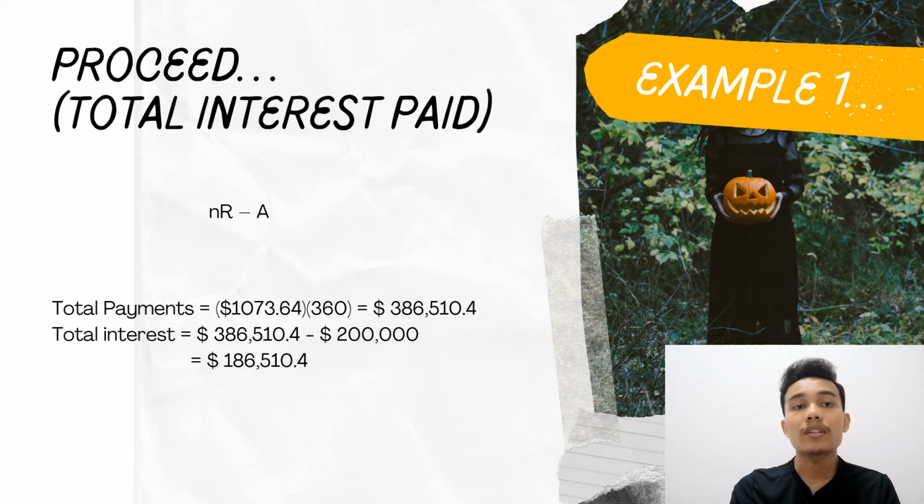And the total interest paid is the total payment minus the principal, which is $386,510.40 minus $200,000. So we get $186,510.40. That's all from me.